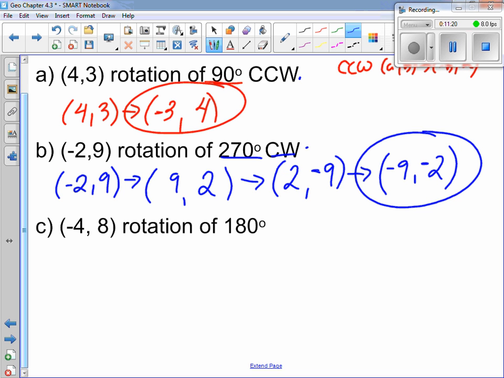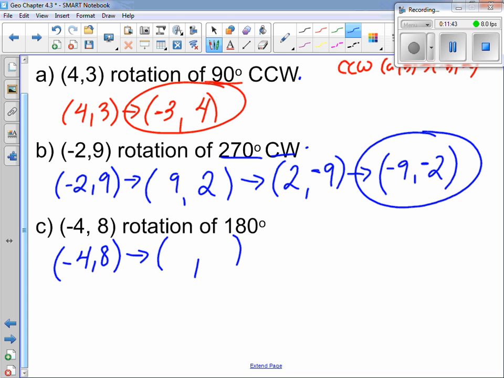Negative 4, 8, rotation 180 degrees. Which direction are we going? Are we going counterclockwise or clockwise? Either or, it doesn't matter. So let's do counterclockwise first. Counterclockwise would mean I would flip it and make the first negative.